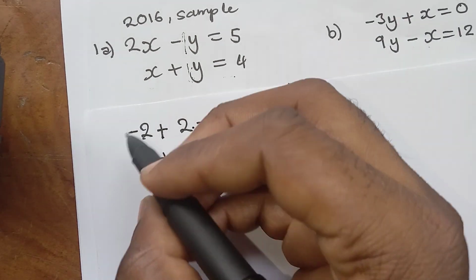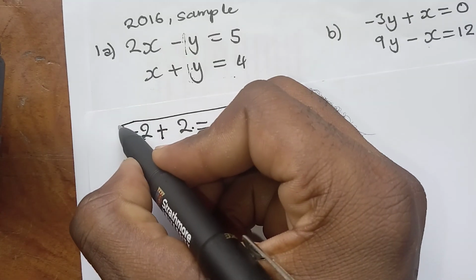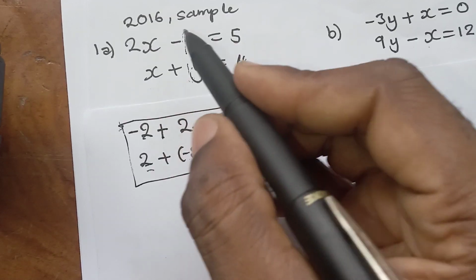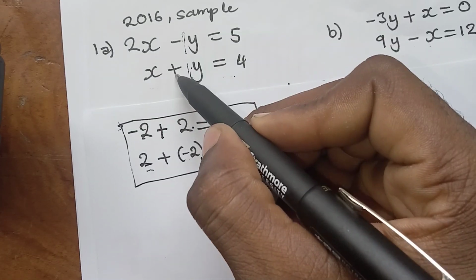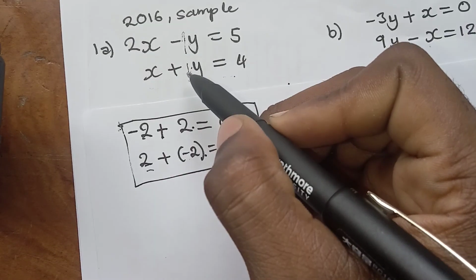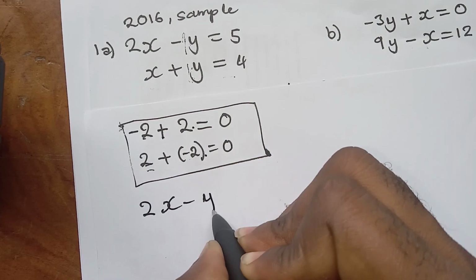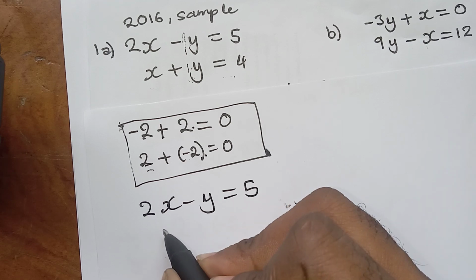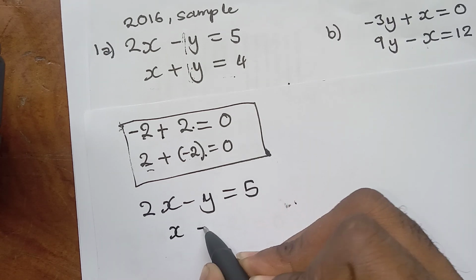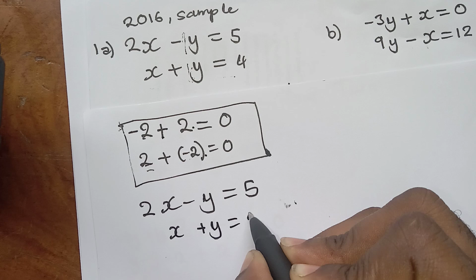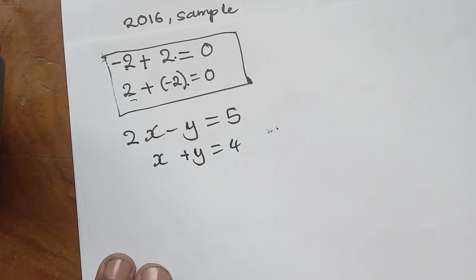So we can take advantage of this to eliminate the y. Whenever the signs are different but the coefficients are the same, you simply add the two equations and then one of the two variables will be eliminated.